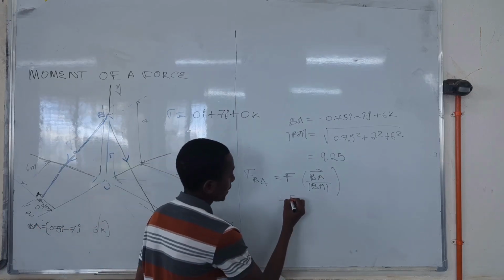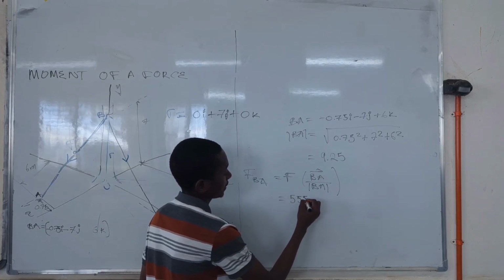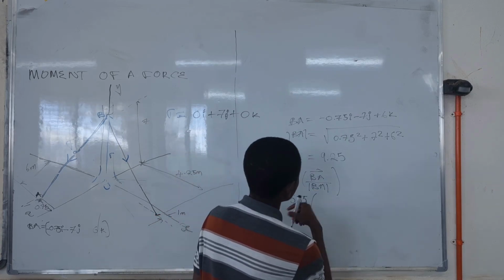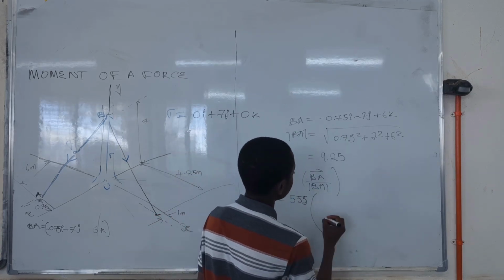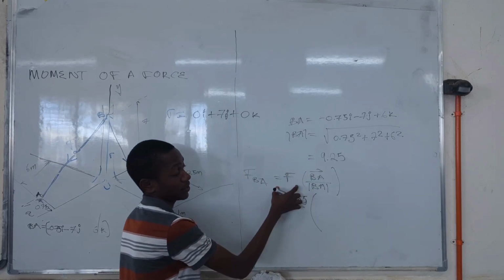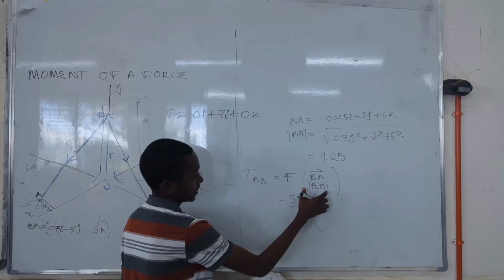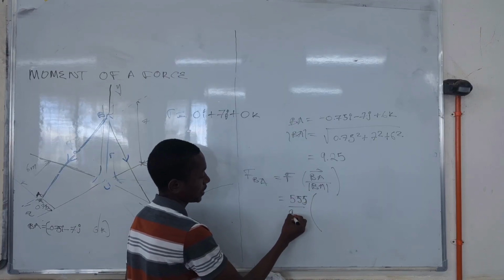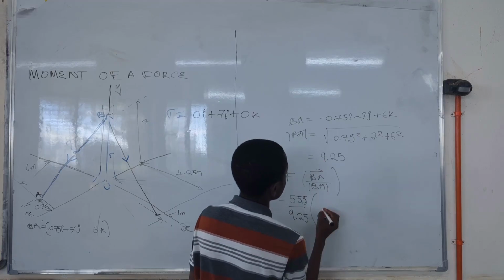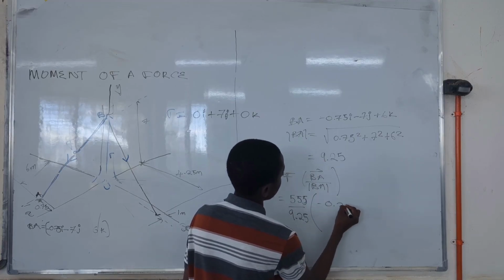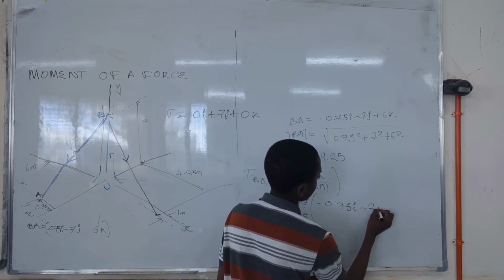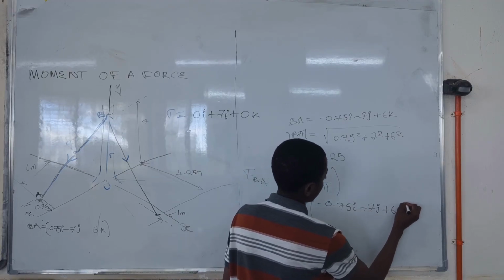So it's going to be 555 over 9.25, times this, negative 0.75i minus 7j plus 6k. I'm just taking this one outside.